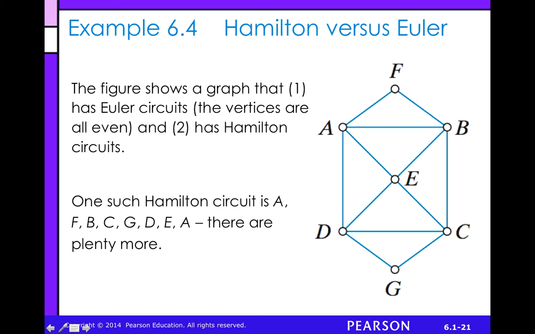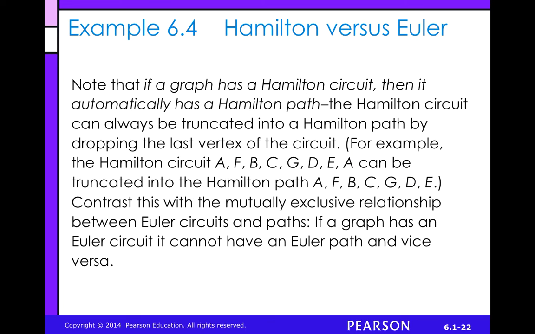We haven't started and ended at the same spot, but we have visited each vertex exactly once. Contrast this with Euler circuits and paths. If a graph has an Euler circuit, it can't have an Euler path, and vice versa. The difference between them was that for an Euler circuit, you needed no odd vertices. For an Euler path, you needed exactly 2 odd vertices.